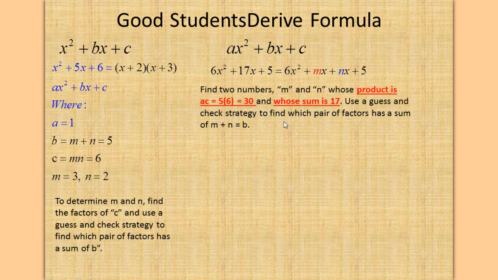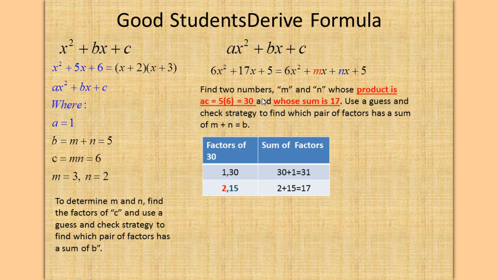Use a guess and check strategy to find which pair of factors has a sum of m plus n equals b. So we're still using the m plus n, but this time we're using a times c as our factor of 30. Previously, we used just c to find those m and n, but now we're using a times c to find the m and n.